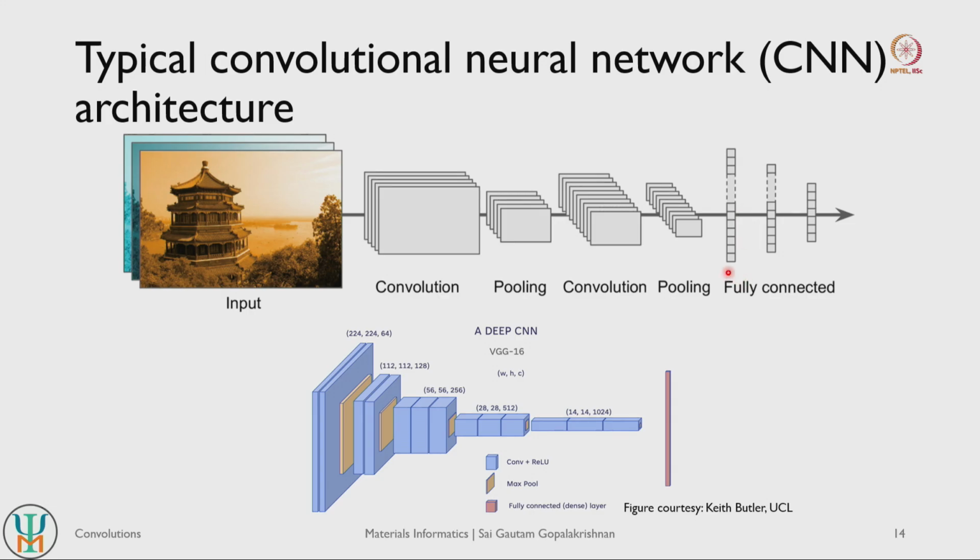And once you get this flattened network, you can then pass it on to a simple dense neural network, a dense MLP, and perform tasks. The tasks could be classification, the task could also be regression. So if it is not a visual image, maybe you want to do regression tasks, right.